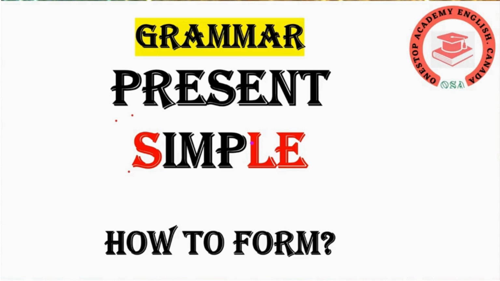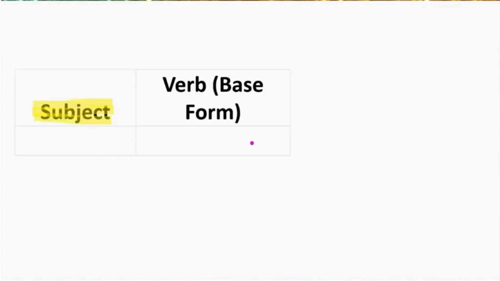So let's start. In present simple tense, there are two important things. One is subject and the other is verb. Base form of the verb. So we always use base form of the verb in present simple tense.